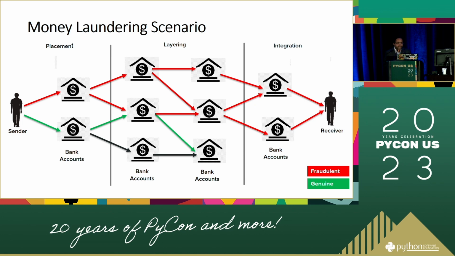Now you can see here that there are some red lines and some green lines. Green lines are genuine transactions, because the money is not dividing into multiples and is not being deposited into multiple accounts. Basically it's not following the three layer strategy, that is placement, layering and integration.